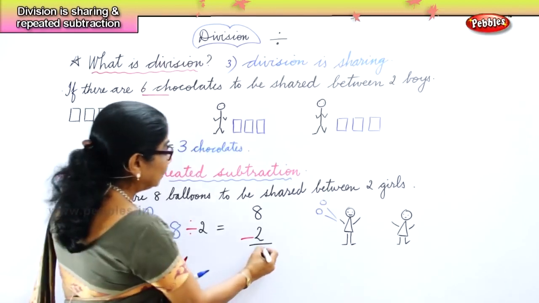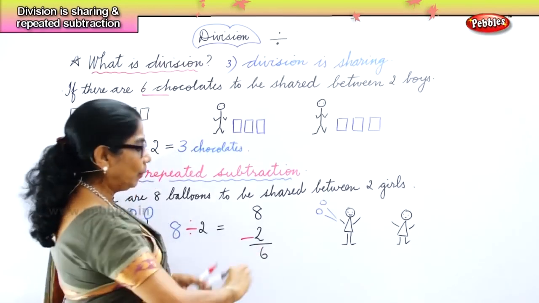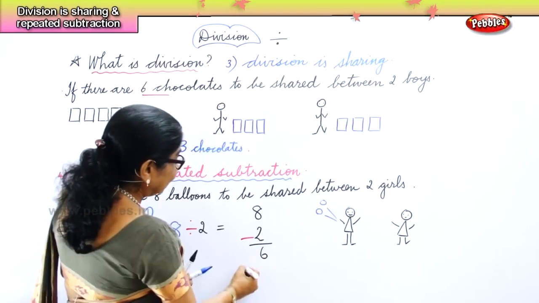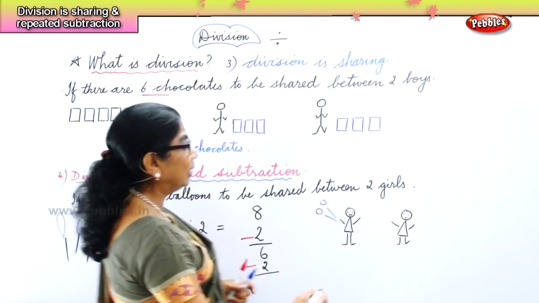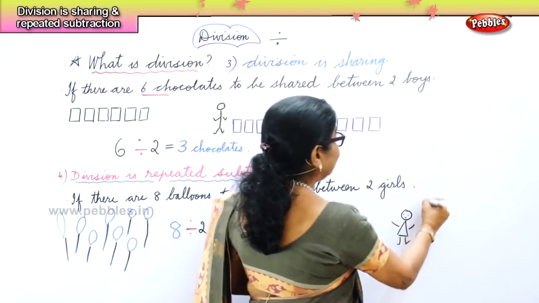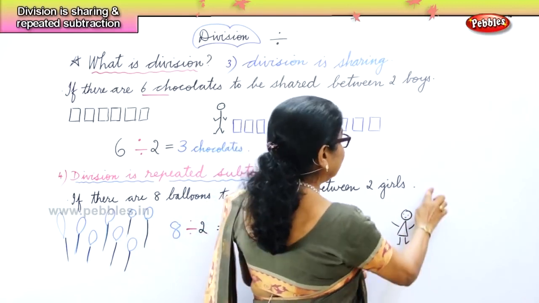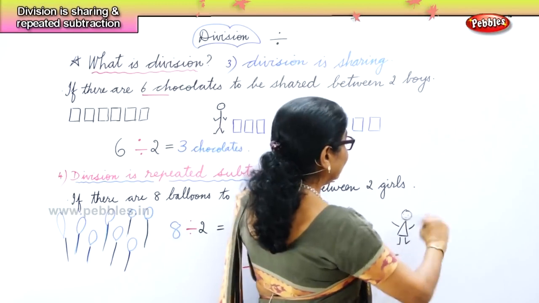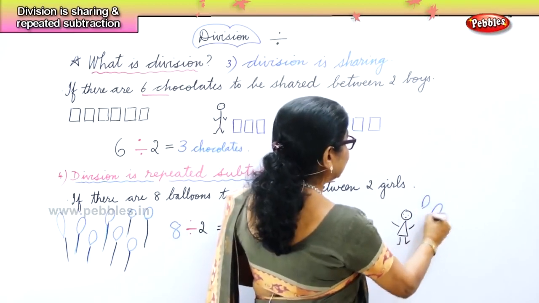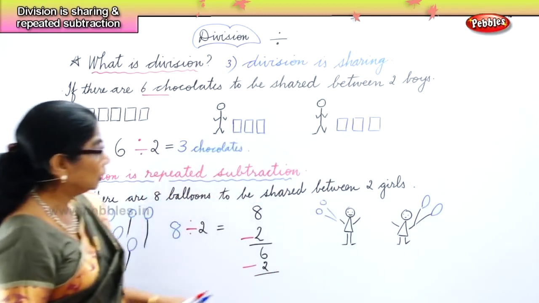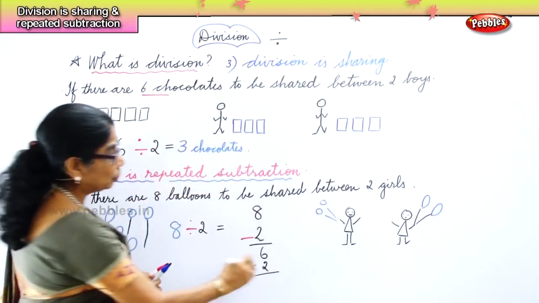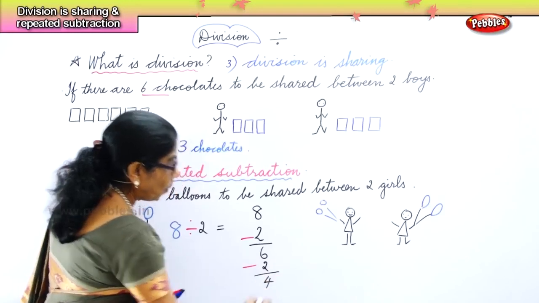What's the number? 6. Now we are going to minus 2 balloons and we are going to give it away to the other girl. 1 and 2. So she gets 2 balloons. Okay. So 6 minus 2, you get 4.